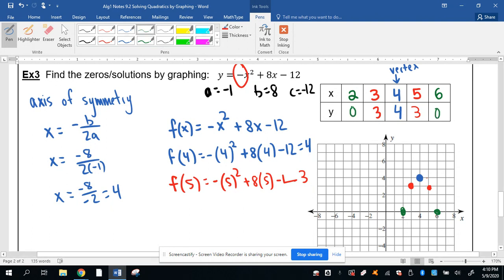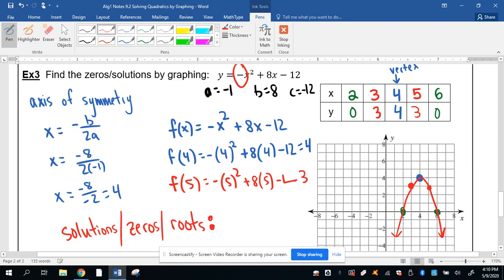So now we're going to connect those points. That's our graph. That's all you have to do in Delta Math, but here we're going to actually say what is our solution, or you can call what are the zeros, or you can say what are the roots of this parabola.